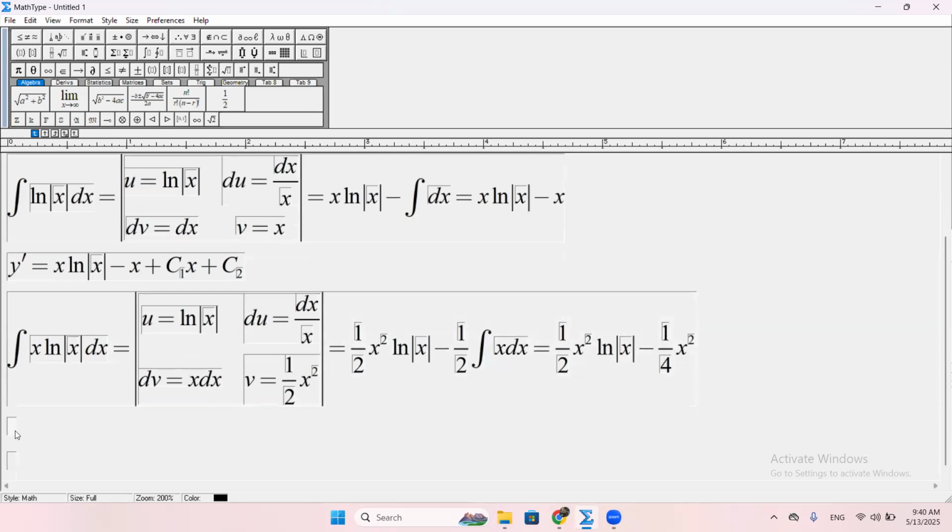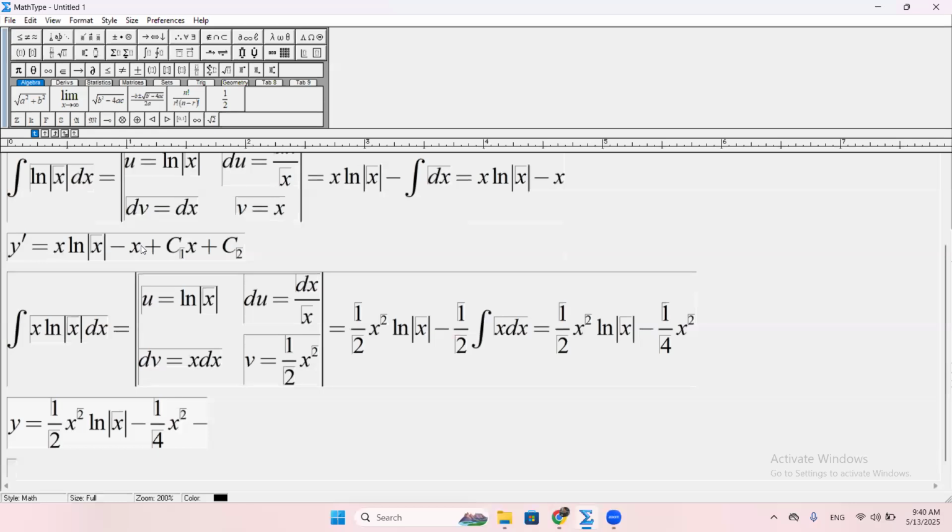So the general solution will be the following. Let me write in details now, and after that I will simplify.